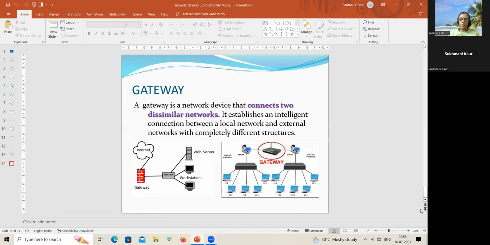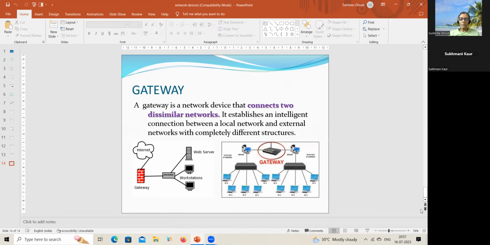So there my gateway comes into play. It is a network device that connects two completely dissimilar networks, and it establishes an intelligent connection between the local and the external network with completely different structures. That is something very important.